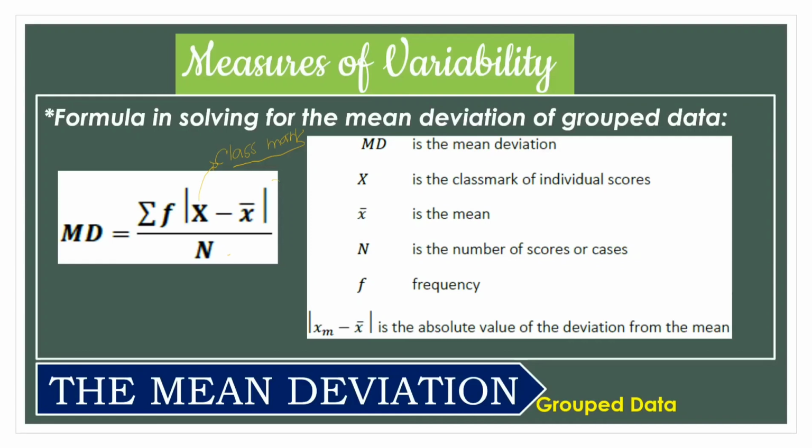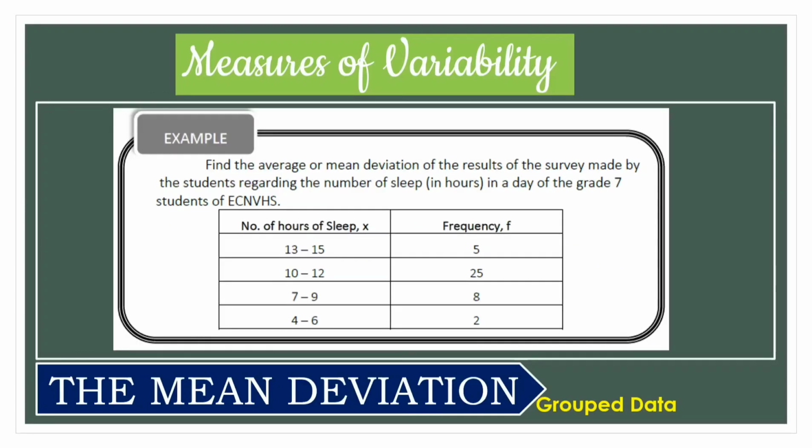That is the mean deviation. Let's have this example. Find the average or mean deviation of the results of the survey made by students regarding the number of sleeping hours in a day of the grade 7 students. Here is our data.